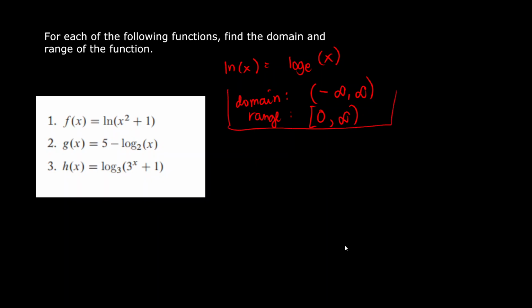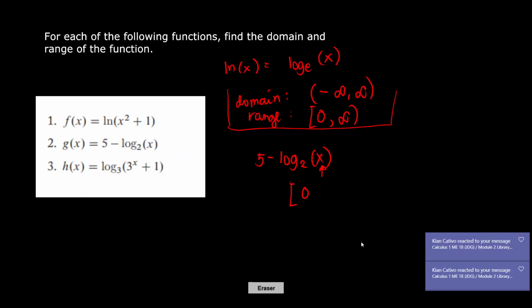Sa number 2 naman, 5 minus logarithm of 2x. So, tingnan lang natin kung ano yung possible values na hindi magkakaproblema sa logarithm of 2x. Ang magiging domain mo, dapat hindi negative yung magiging input mo dito. Okay, so from 0, kasi ang logarithm of 0 is hindi pwede.